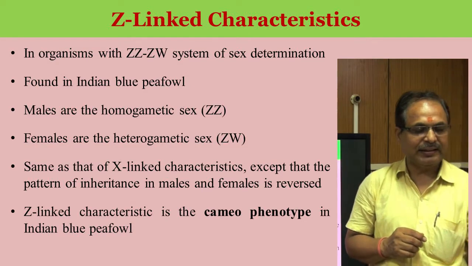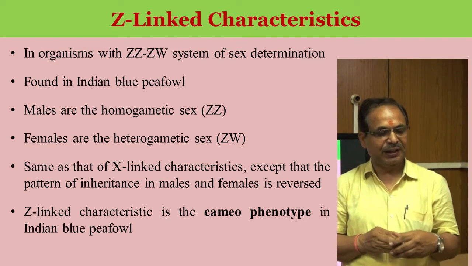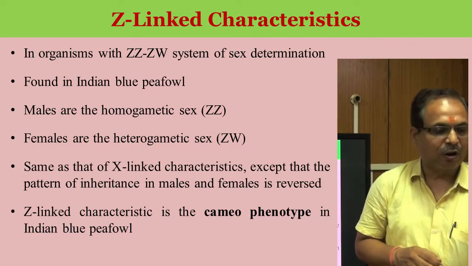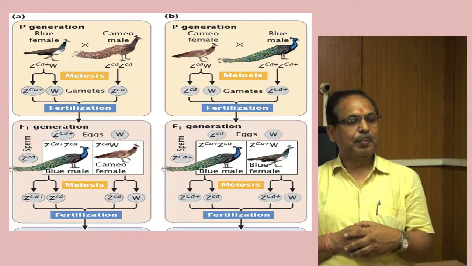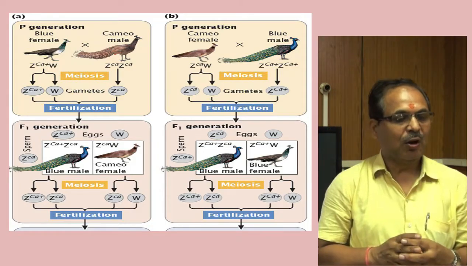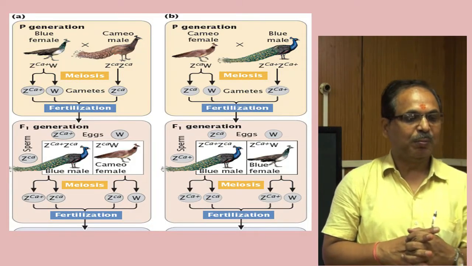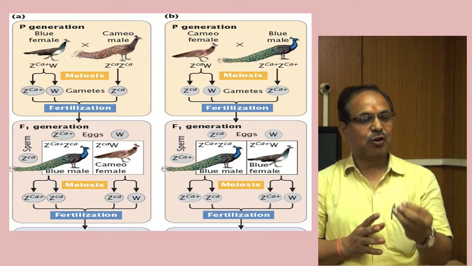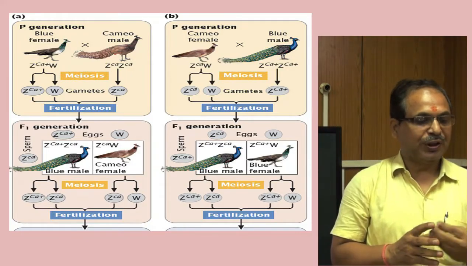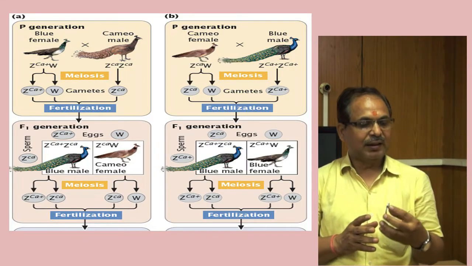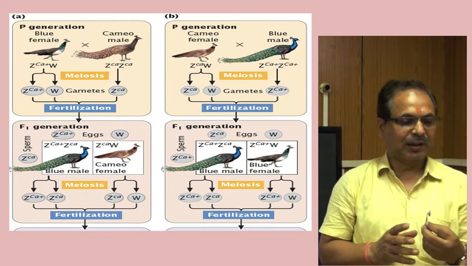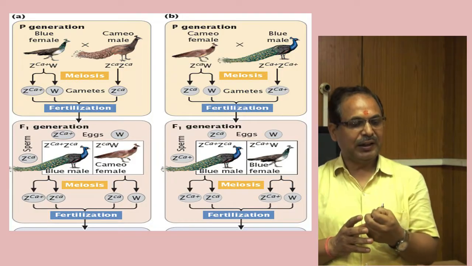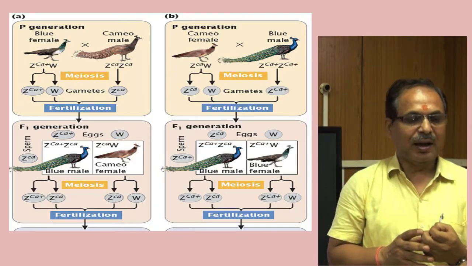An example of Z-linked characters is the cameo phenotype in Indian blue peafowl. We can see here a blue female peafowl crossed with a cameo male. In F1 we have one blue male and one cameo female.